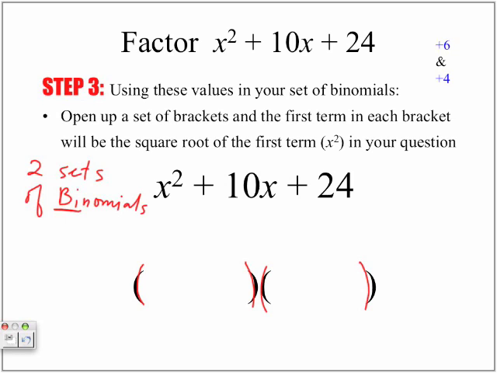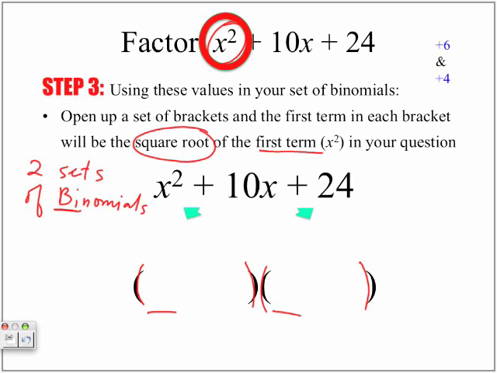Now, if we look at this explanation, the first term that we're going to put in each one of these sets of brackets will be the square root of the first term. And our first term has to be in that order, in the x squared plus bx plus c format. So we're taking that x squared, finding the square root of it, and placing that as the first term in each one of the sets of brackets.